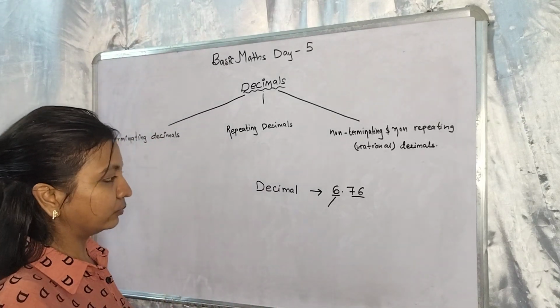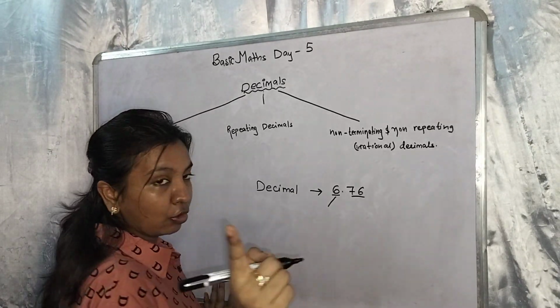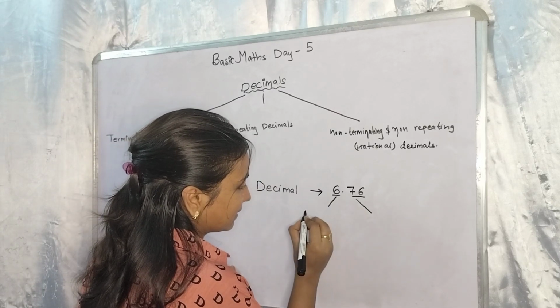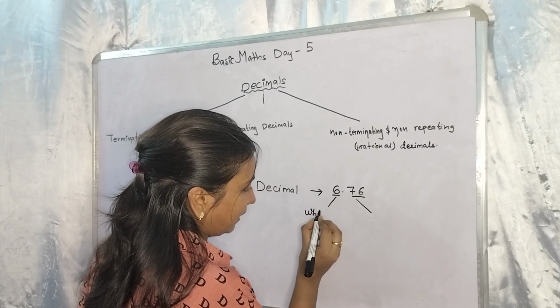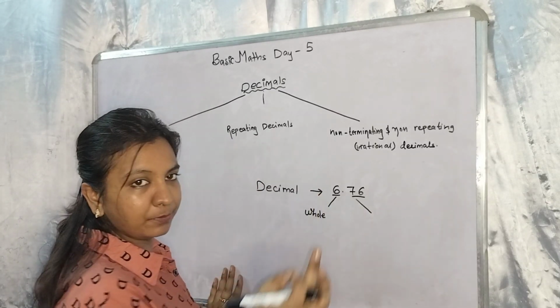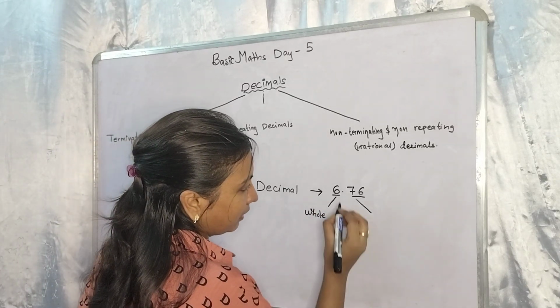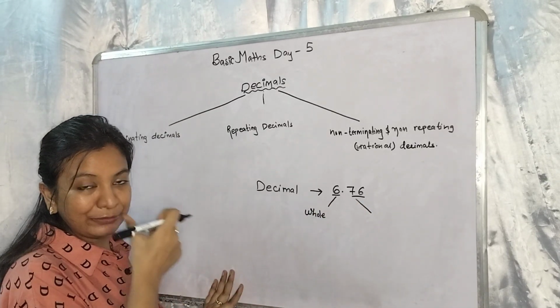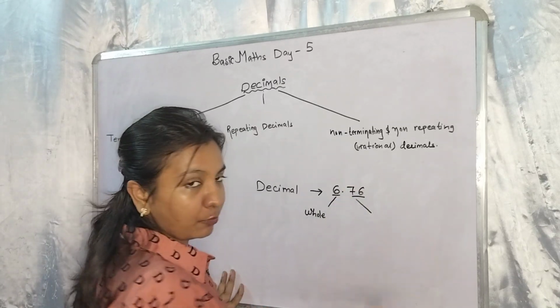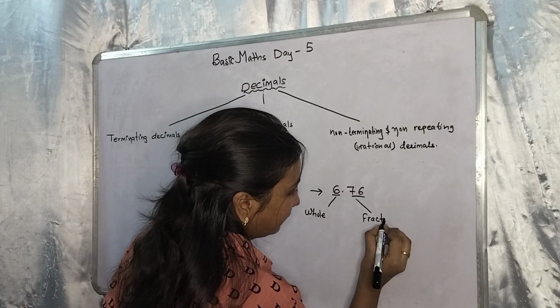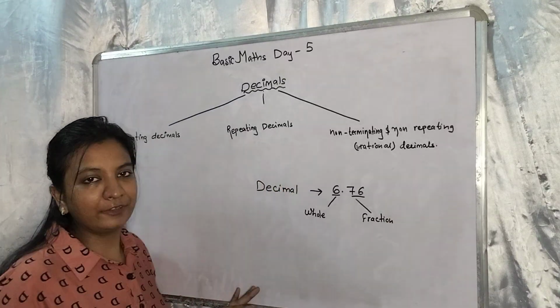Now, see, a decimal consists of two parts. This is a whole number. The number before the point is always a whole number, and the number after the point is always a fraction.